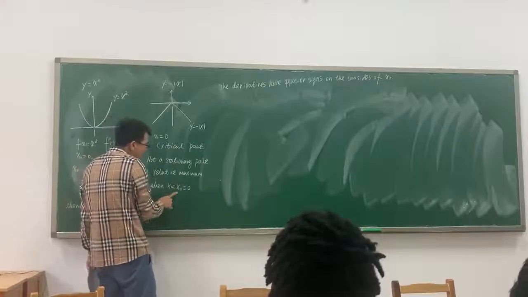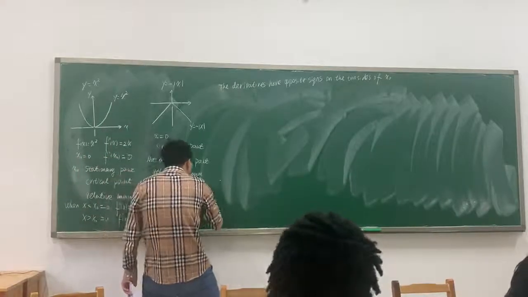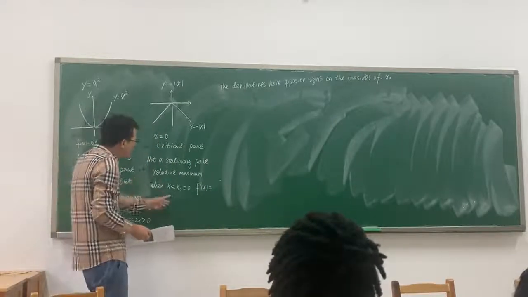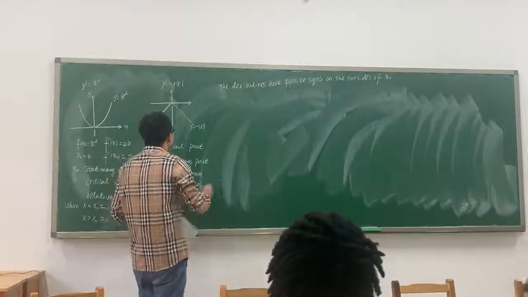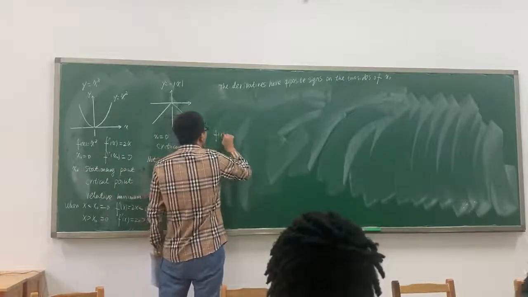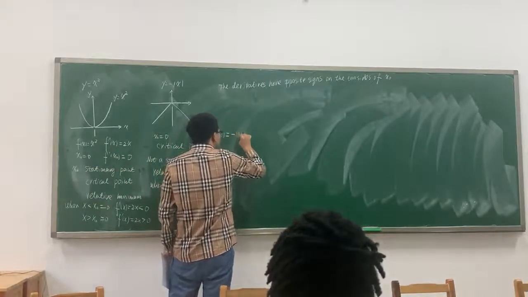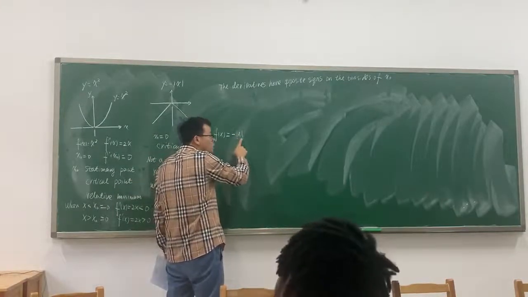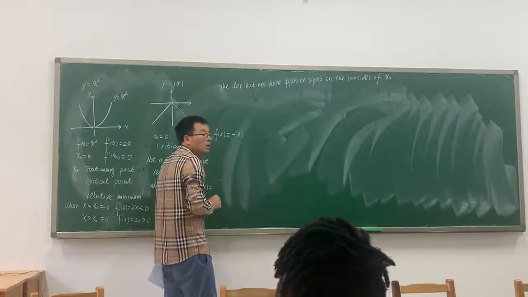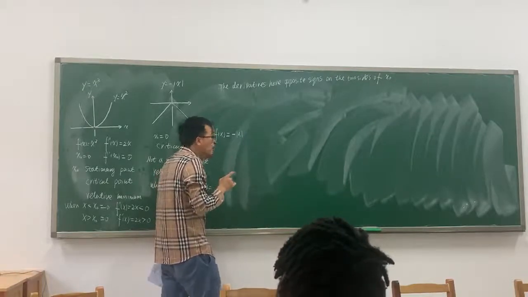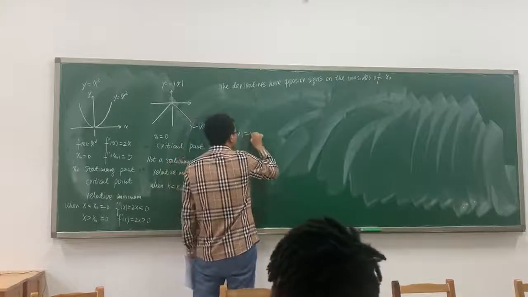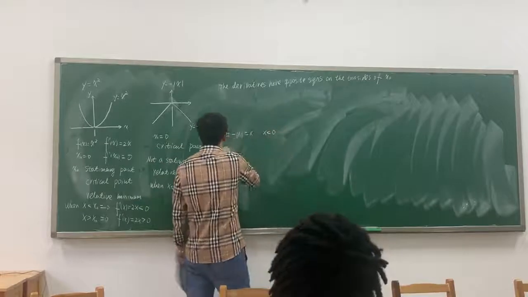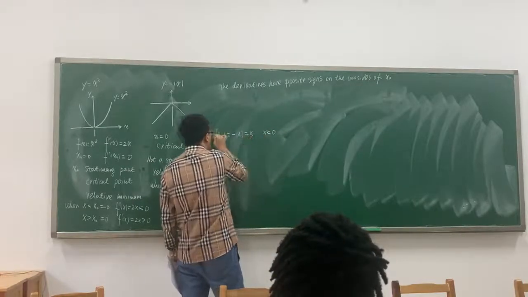When x is less than 0, f of x equals minus absolute value of x. When x is less than 0, the absolute value of x is minus x, so f of x equals x.